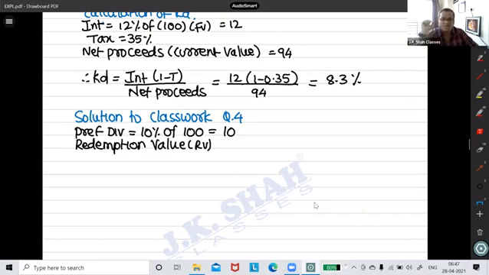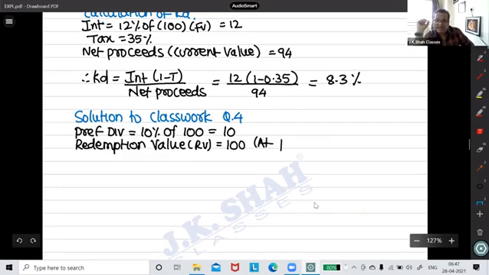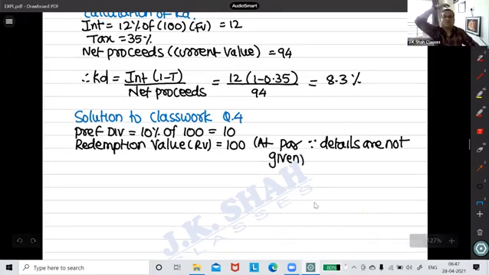Redemption value RV is equal to 100. We'll say at par since details are not given.